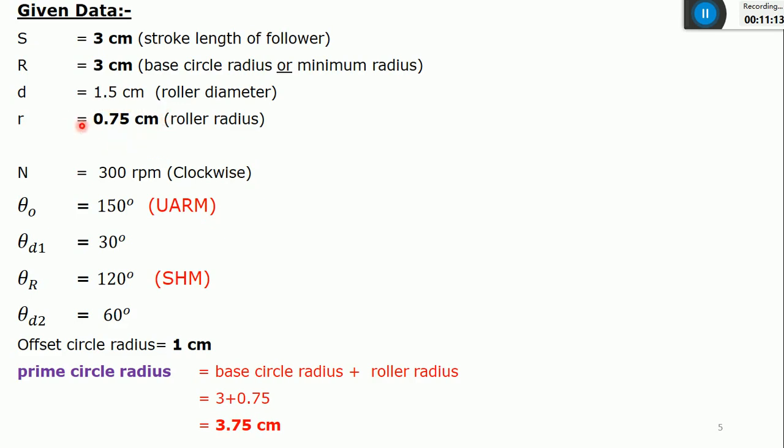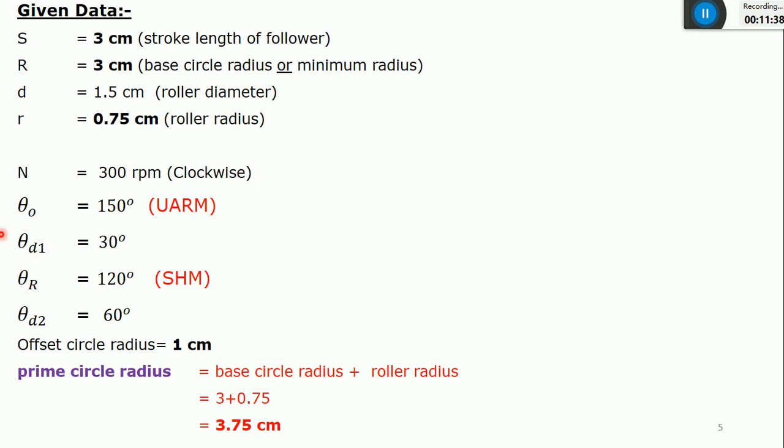And the speed of the cam is given as 300 rpm. I'll take it as a capital N, and it is also given as clockwise. It is important whether it is rotating clockwise or anti-clockwise. After this, the first angle is theta naught, the outstroke angle, that is 150 degree with uniform acceleration and retardation motion.